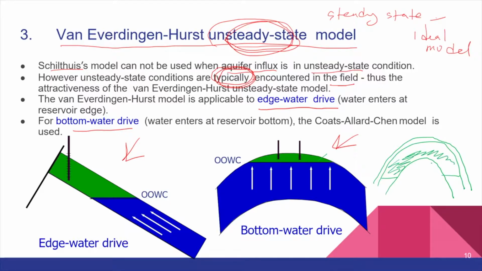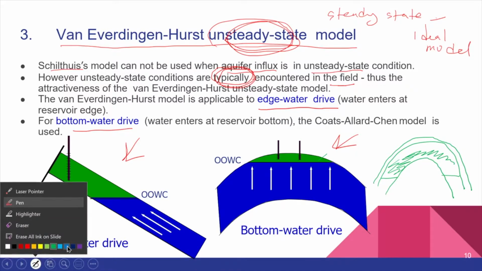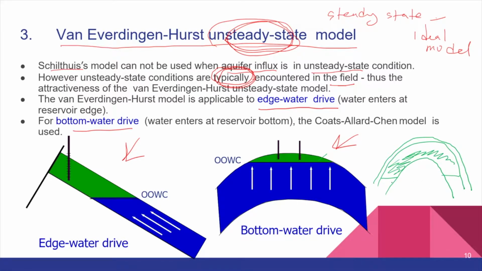That means your water will be on the edge here. So the water will be on this edge here. So it's like a rainbow shape. And this middle will be just formation rock, without any oil or gas or water. So this part is this diagram.